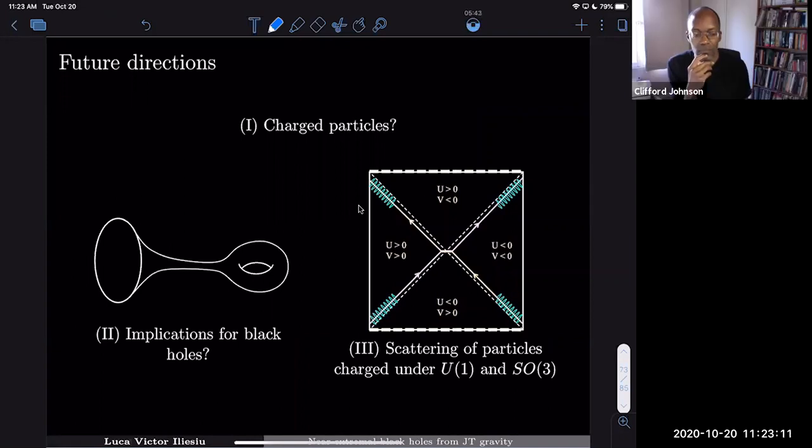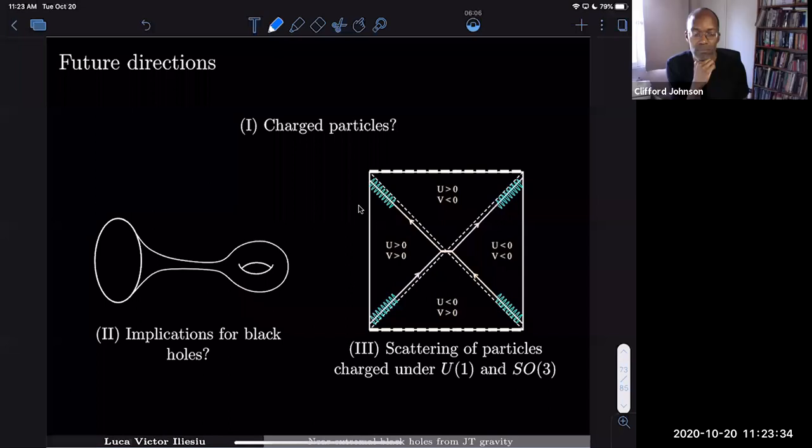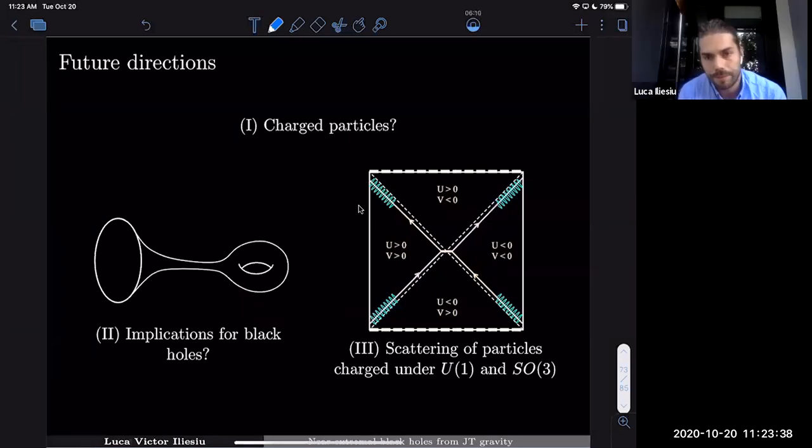So maybe there is a regime in which one could argue that the Kaluza-Klein modes and the potential for the dilaton do lead to corrections to the connected geometries, but it might still be that the disconnected geometry is the one that dominates in certain regimes, like if we look at sufficiently late times.